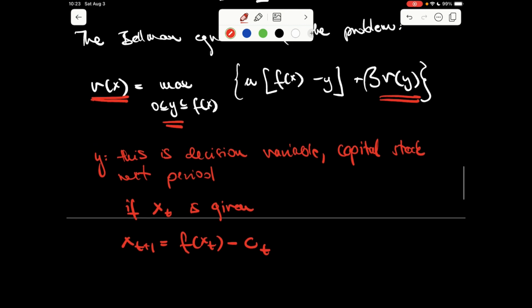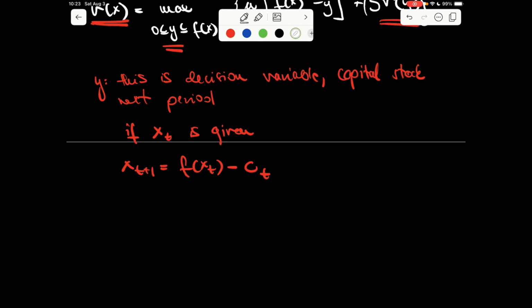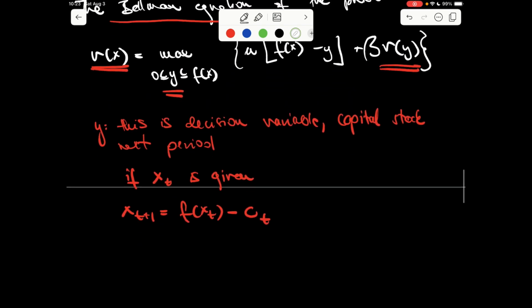So this is the Bellman equation, which we want to maximize with respect to capital stock next period. So we can proceed as if we were in an ordinary optimum problem. We want to maximize the Bellman equation.